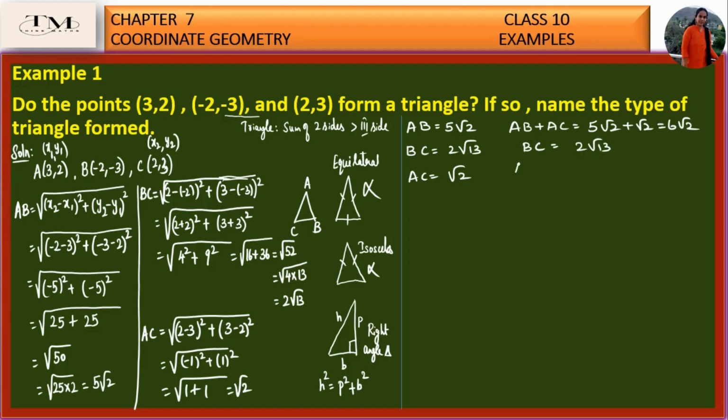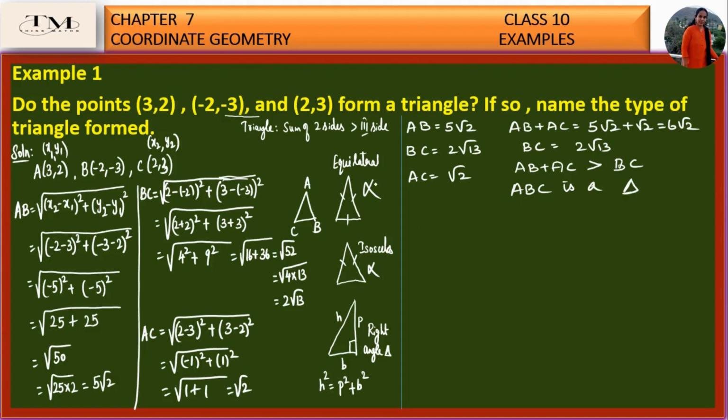So AB plus AC will be greater than BC. That is, the sum of two sides is greater than the third side. If this condition is satisfied, then ABC is a triangle. So we proved that ABC is a triangle, and we have to check whether it is right angled or not.